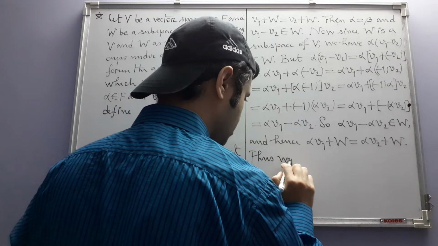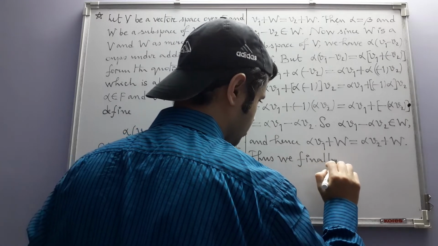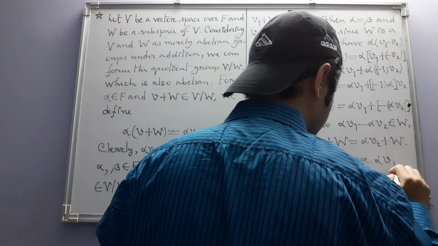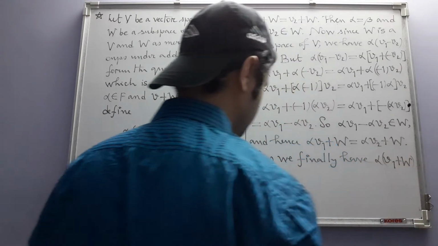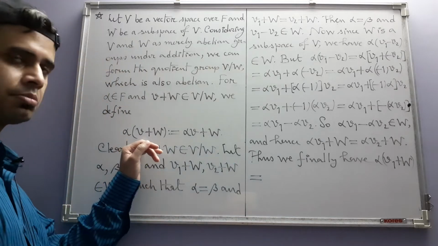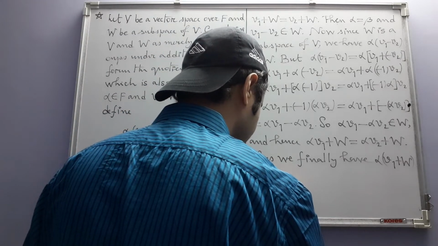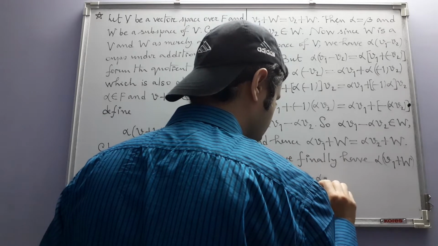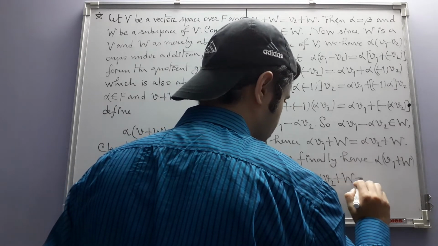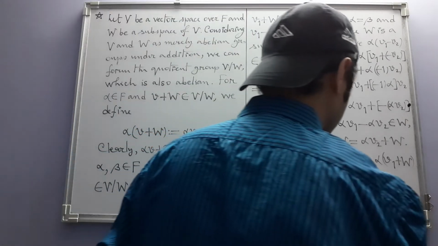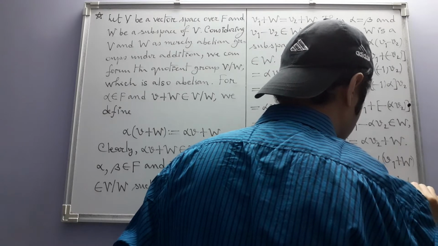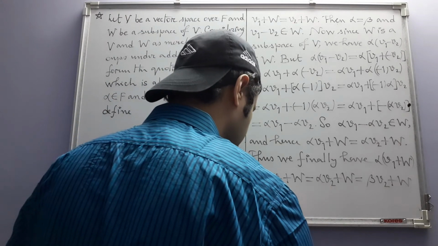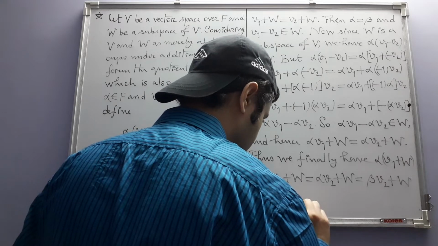Thus, we finally have alpha times (v1 plus W), which by the definition of this product is alpha v1 plus W, which we have just now shown is equal to alpha v2 plus W, but alpha is also equal to beta, so here you can write beta v2 plus W, and then you use this definition again and write this product or this coset as this.